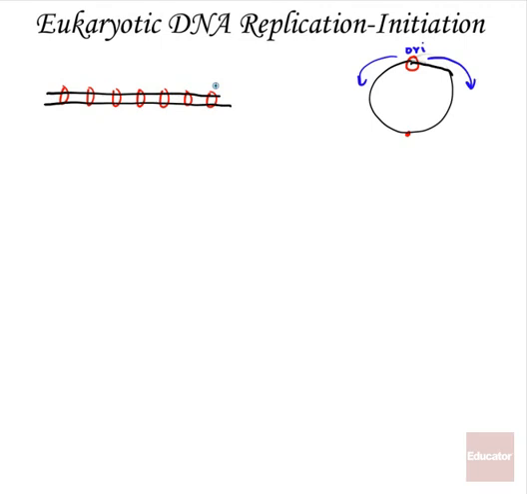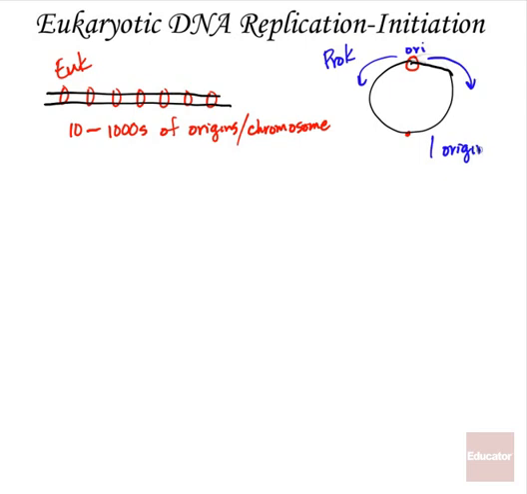So based on individual organisms and individual chromosomes, that can still give you anywhere from 10 to thousands of origins on a single chromosome. So this is eukaryotes, and this is prokaryotes, and this will be one origin. Okay, so what we have is many origins of replication.